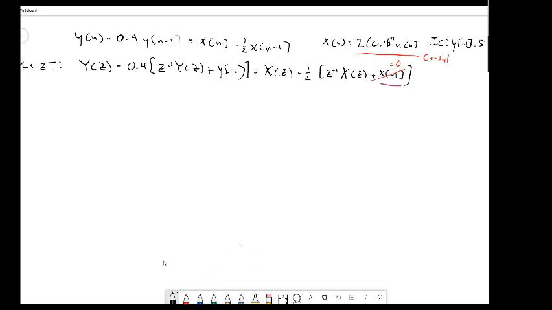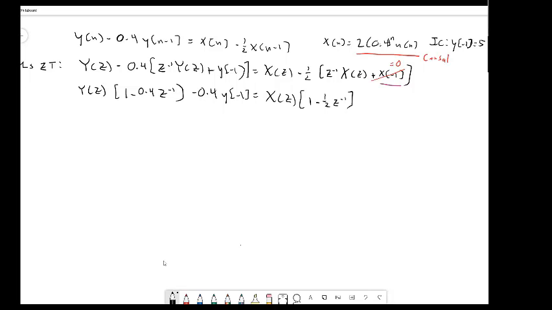That sends us back to the problems, makes it similar to what we had before. We factor out the y of z, becomes a 1 minus 0.4 z to the -1. We have a minus 0.4 y of -1 on that side. We have x of z on this side. And we have a 1 minus 1/2 z to the -1, but I don't have that initial condition on the x term anymore.